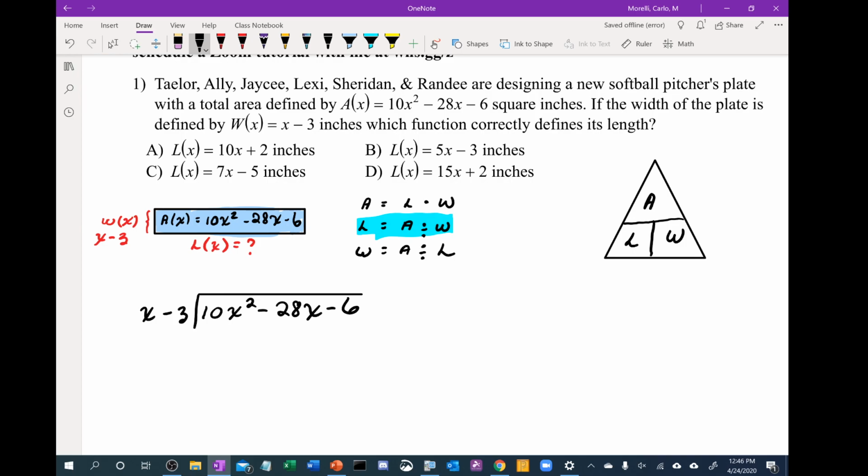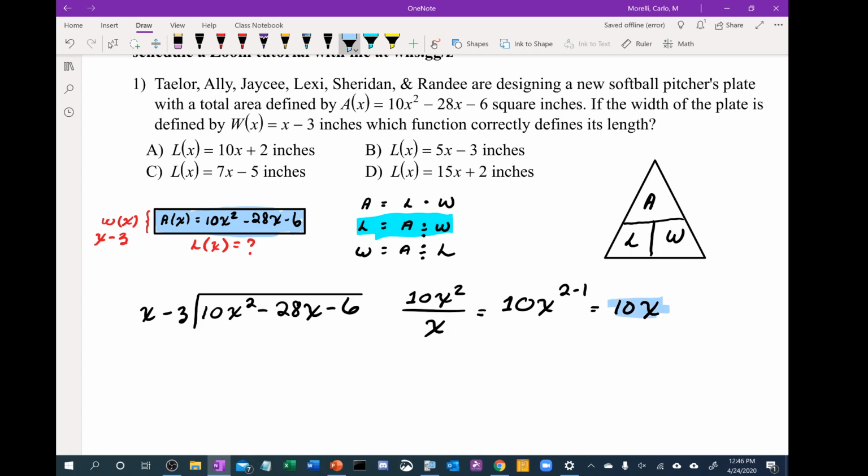Okay, first step, divide the first term of the dividend by the first term of the divisor. So over in side work here, we'll divide 10x squared by x. Okay, so that's 10x to the 2 minus 1, applying the quotient rule, equals 10x.